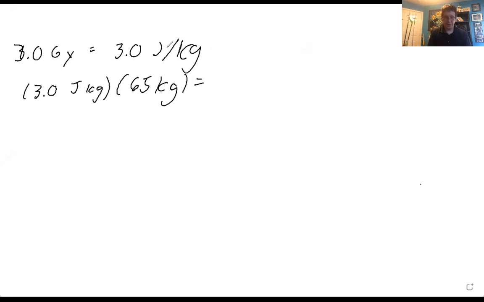So 3 times 65 gives you 195 joules, or to two significant figures, 2.0 times 10 to the 2 joules. So that's approximately how much energy the 65-kilogram individual has been exposed to.